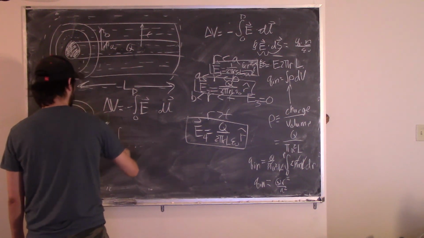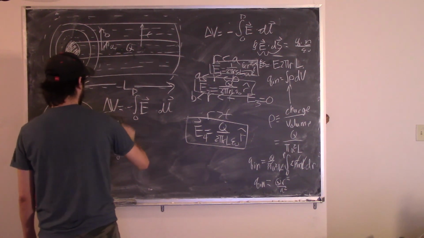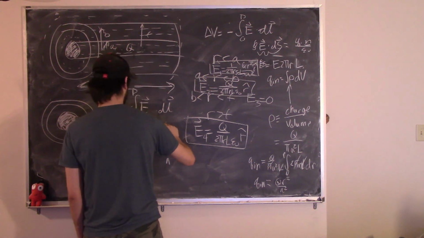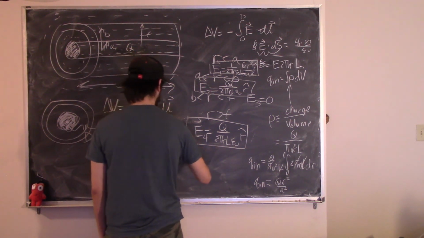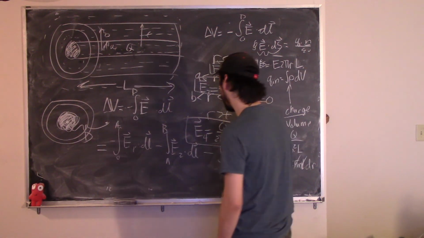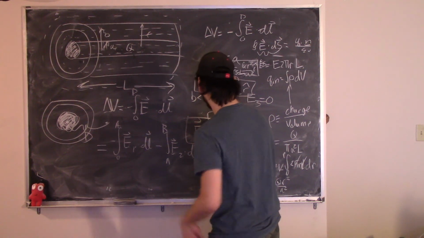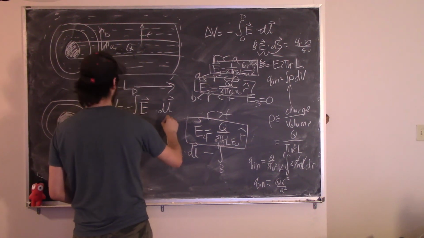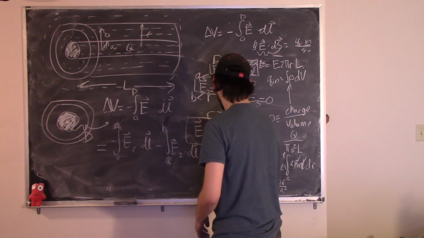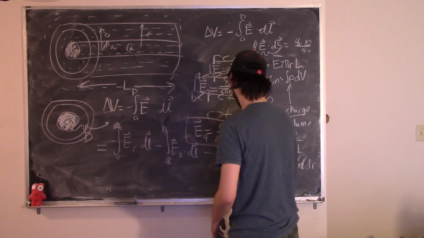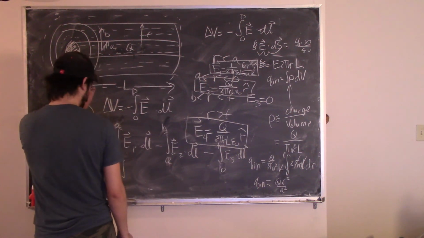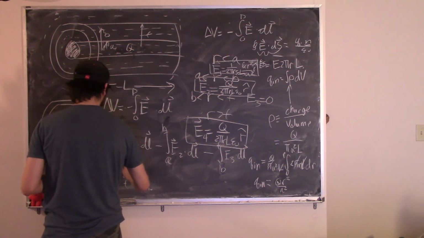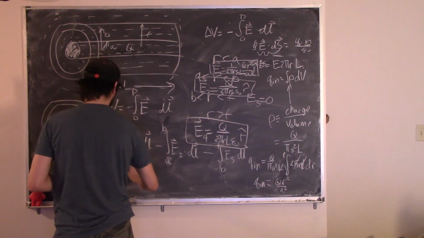This is equal to the integral from 0 to a of E1 dot dl minus the integral from a to b of E2 dot dl minus the integral from b to f of E3 dot dl, minus the integral from f to d of E4 dot dl. And these should actually all be lowercase a and lowercase b.